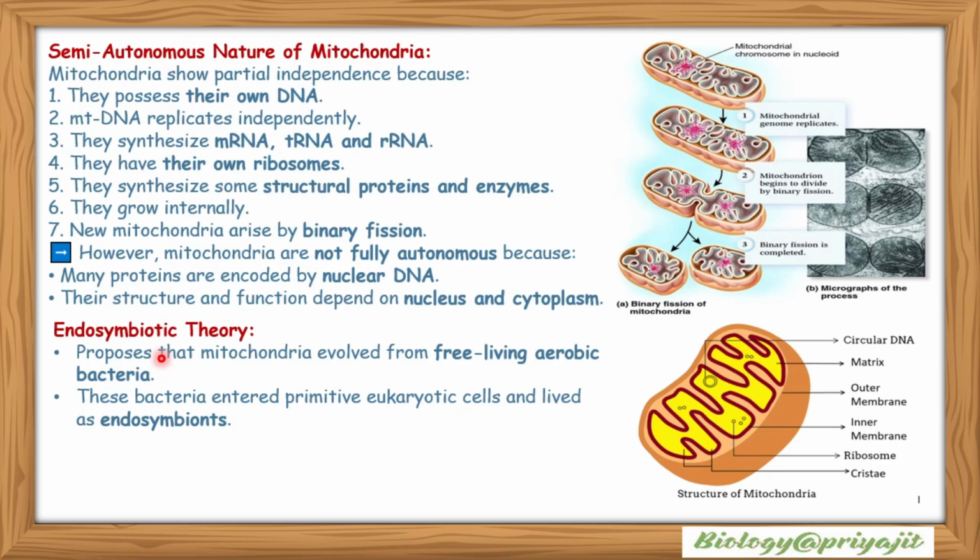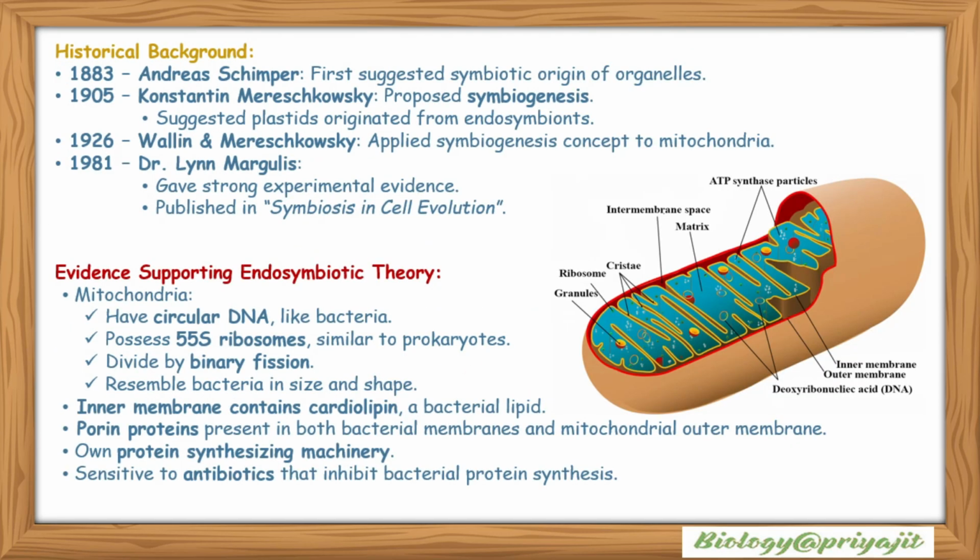So what is the endosymbiotic theory? This theory proposes that mitochondria evolved from free-living aerobic bacteria, and these bacteria entered primitive eukaryotic cells and lived as endosymbionts. Historical background: in 1883, Andreas Schimper first suggested the symbiotic origin of organelles, and in 1905 Konstantin Mereschkowski proposed symbiogenesis, suggesting that plastids originated from endosymbionts.